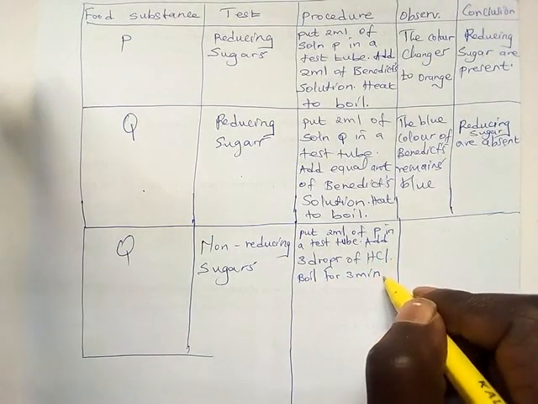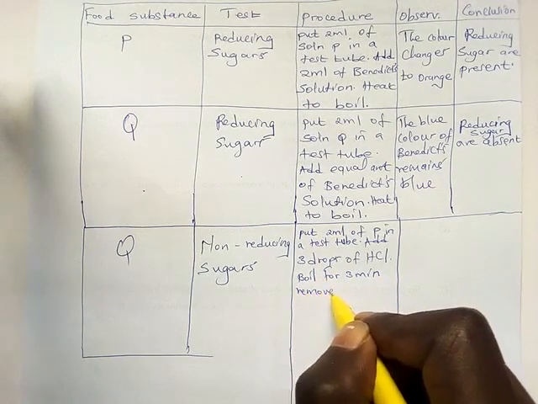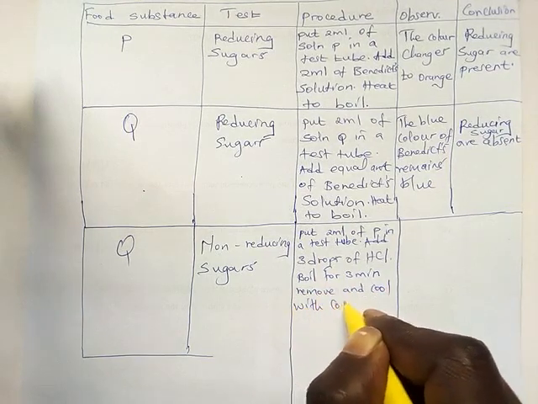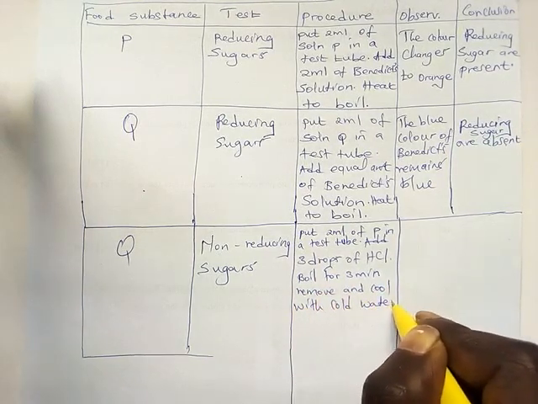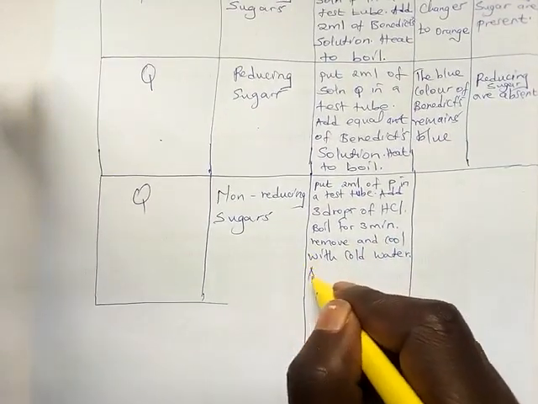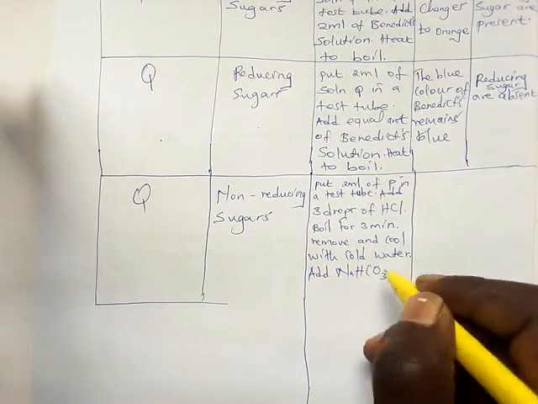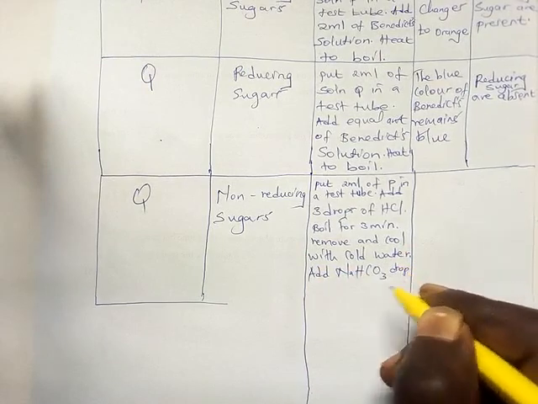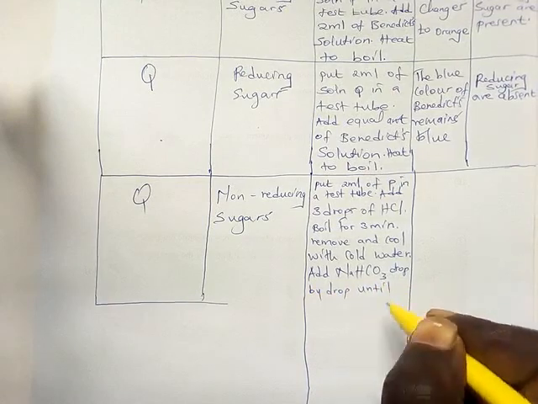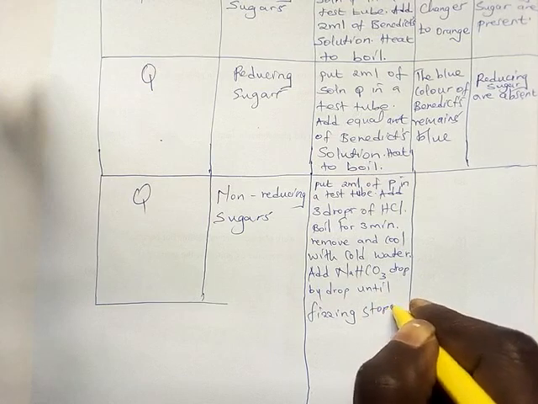Then after you boil, remove and cool with cold water. Then after you have cooled, you add sodium hydrogen carbonate dropwise, or drop by drop, until fizzing stops.